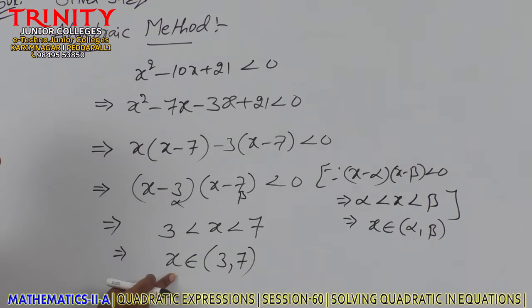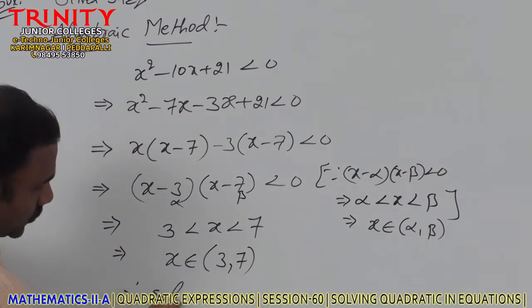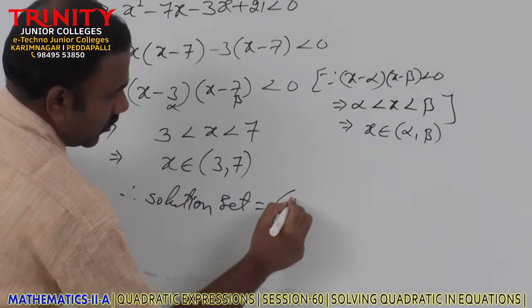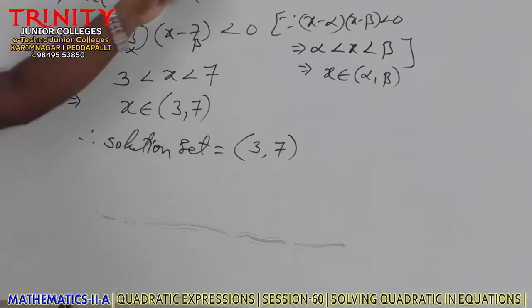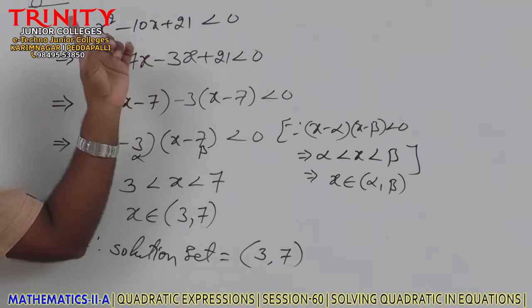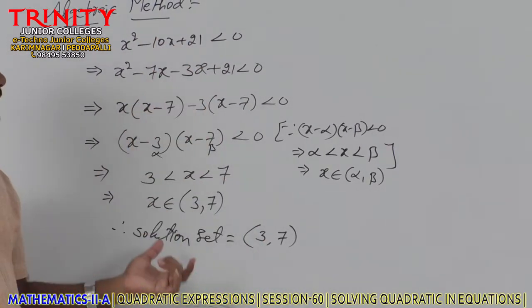Then the solution of x is 3 comma 7. Therefore, solution set is equal to open 3 comma 7. This inequation x square minus 10x plus 21 is less than 0 is valid in between 3 comma 7. This is the algebraic method.